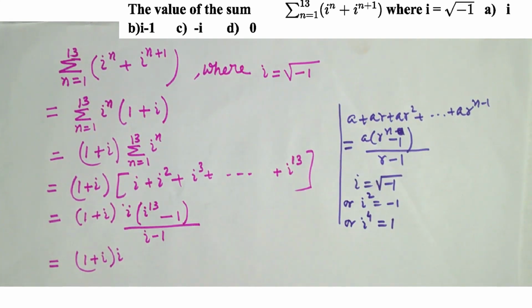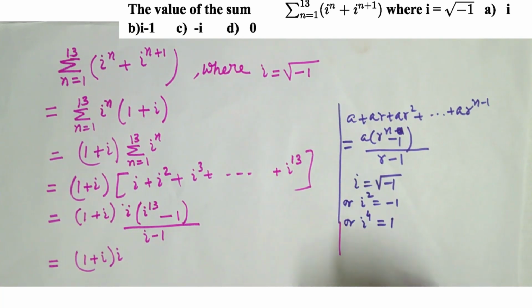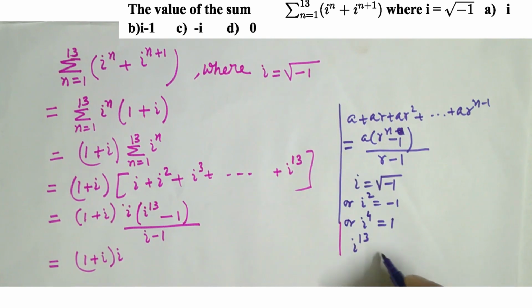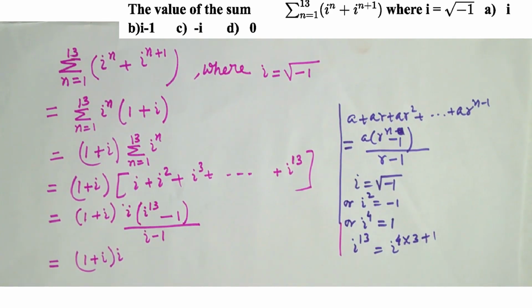So, now we will express i to the power 13 in terms of the power of 4 plus something. That means we can write i to the power 13 as i to the power 4 into 3 plus 1. This can be written as i to the power 4 whole to the power cube into i.